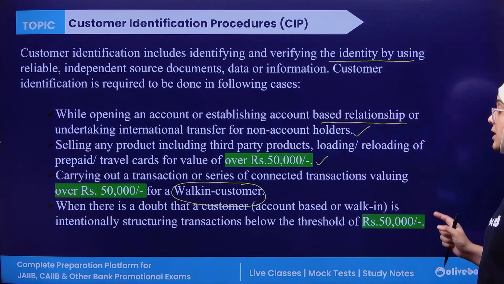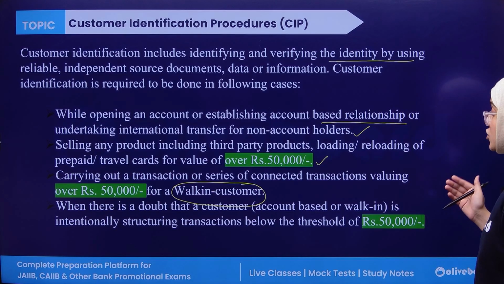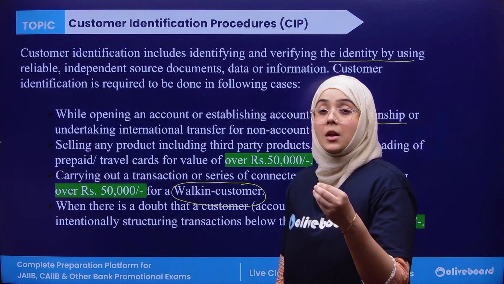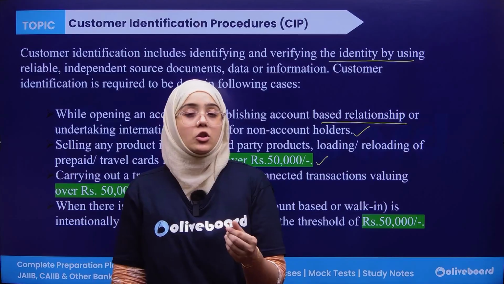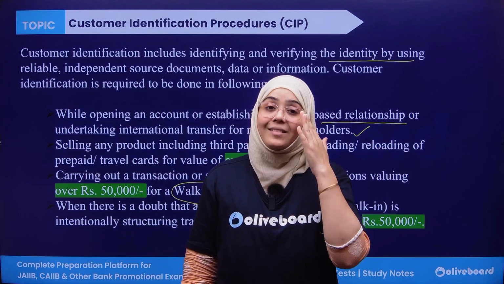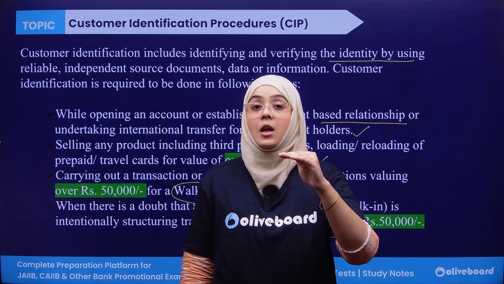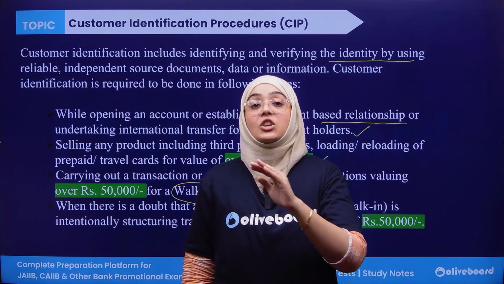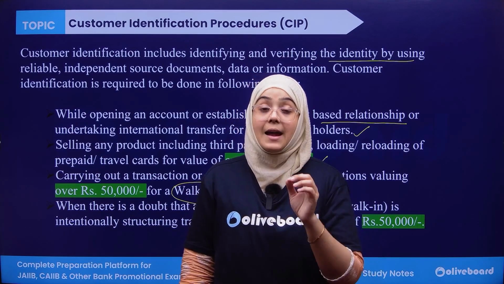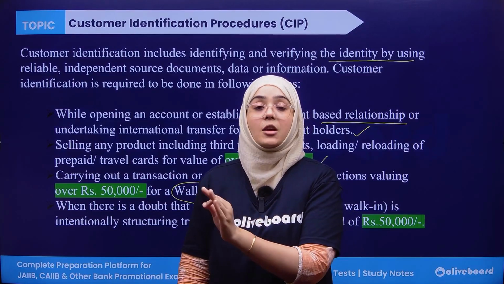Next, when there is a doubt that a customer, whether walk-in or account-based, is intentionally structuring transactions below the limit of 50,000. When the bank detects something fishy in your transaction, it means that you are purposely reducing the amount to less than 50,000. Why? Just to avoid this verification step. And if the bank suspects it, then definitely the bank should put you through the customer identification procedure.